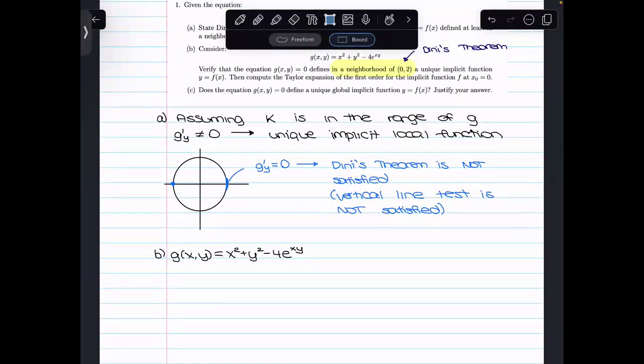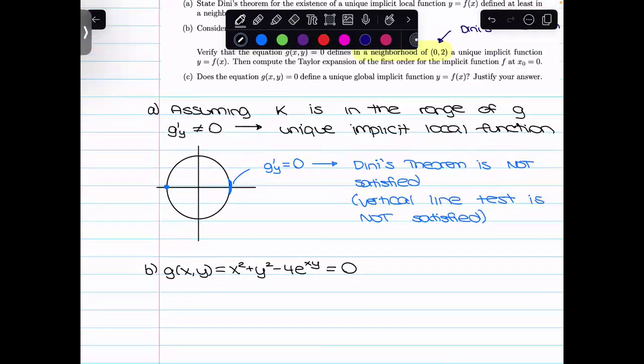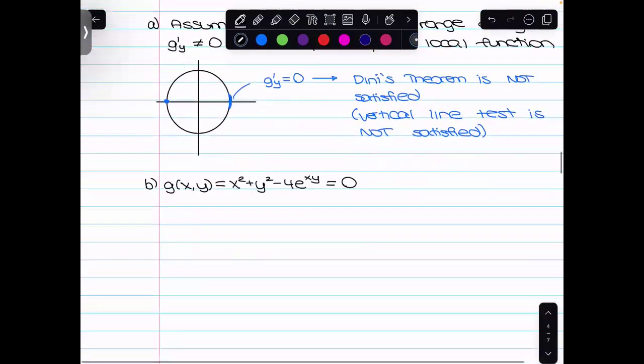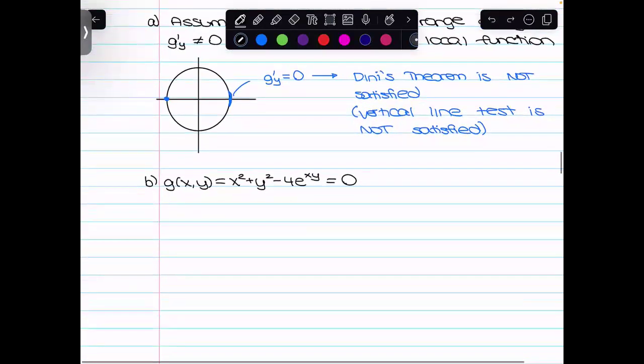So here we're trying to set it equal to 0. First we have to see if that's actually possible. So essentially 0 has to be in the range of this g function. Before we try to do the range, since again it's not necessary, we can just try to see if there is a simple combination of x and y that is going to make this equation hold. x squared and y squared is going to give you something that is positive.